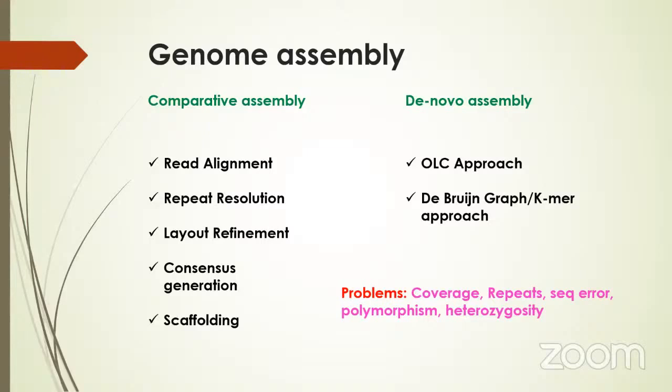Coming to coverage: sometimes we say 10x coverage, 100x coverage. Coverage means the number of reads multiplied by the average read length, divided by the total genome size. For example, you are getting 10 reads and the average read length is, suppose, 20. So 20 into 10, number of reads into average length, divided by the total genome size.